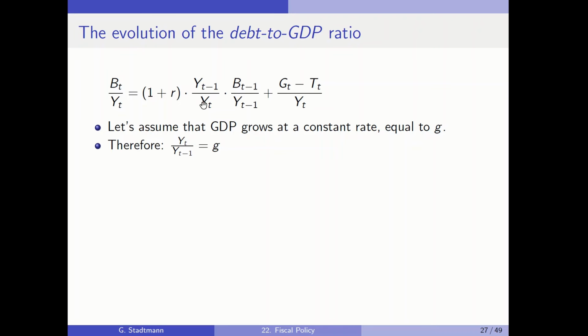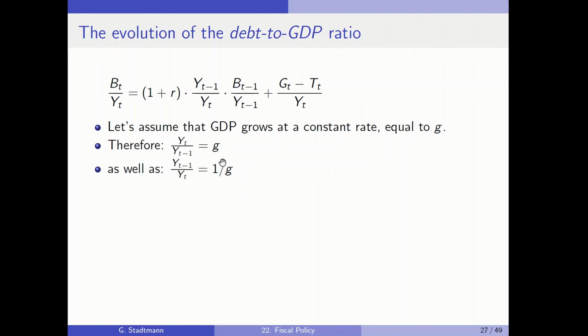But in this equation here, it is not the case that we have Y_t divided by Y_{t-1}, but it's the other way around. So we have to compute the reciprocal value of this term. So in case that this relationship holds, then also Y_{t-1} divided by Y_t is equal to 1 over g.